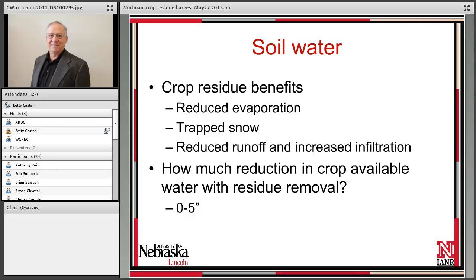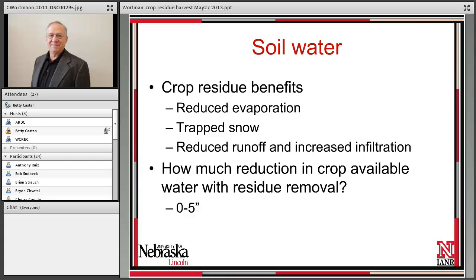We know that crop residues help to conserve water, and Aaron mentioned this. It helps to reduce evaporation. If you have your stalk standing or straw standing, stubble standing, you get trapping of snow, and it helps to reduce runoff and increase infiltration. How much reduction in crop available water with stover removal?